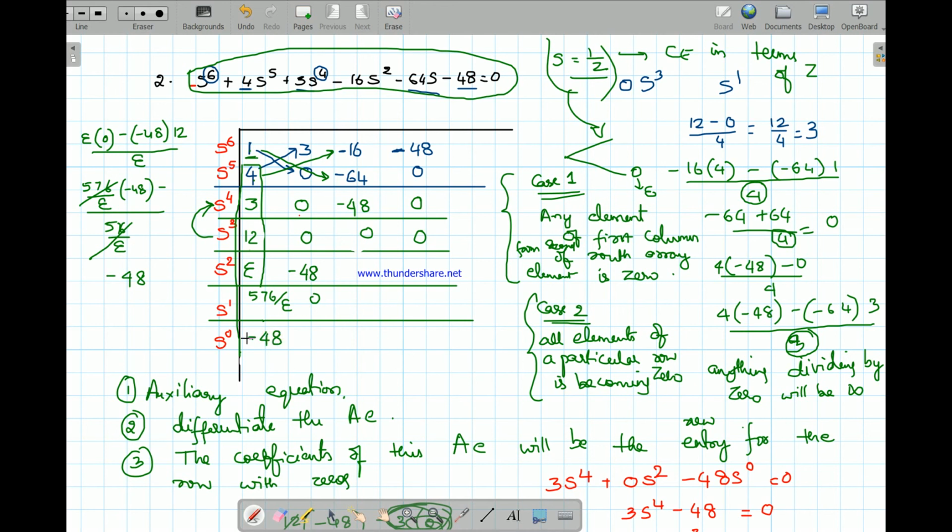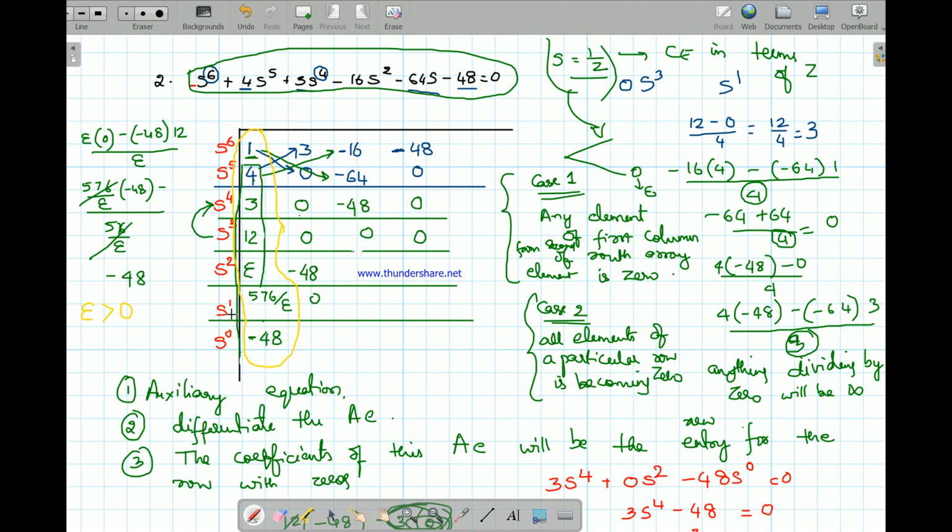If I want to comment on stability now, it's very simple, because we constructed all the elements of the first column of the Routh array, which is required to comment on stability. Here epsilon should be greater than 0, then only these two values are positive.